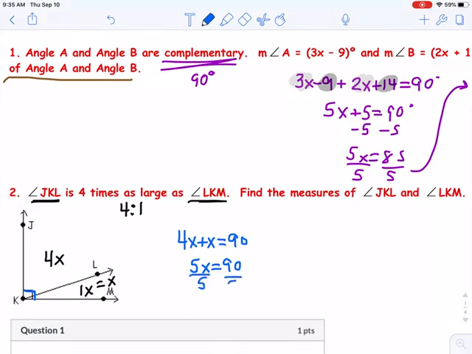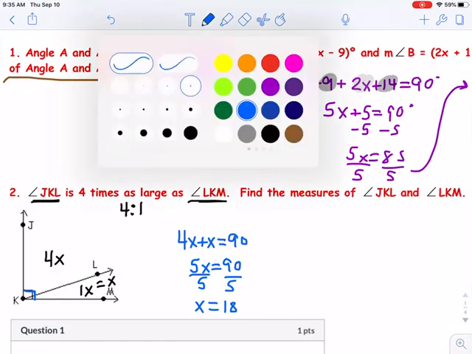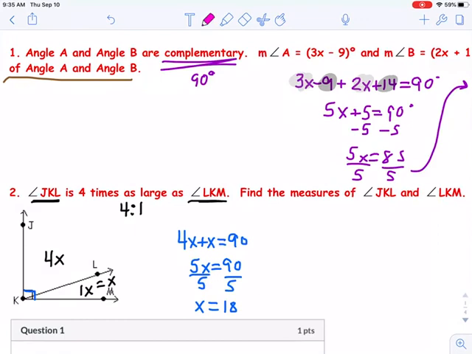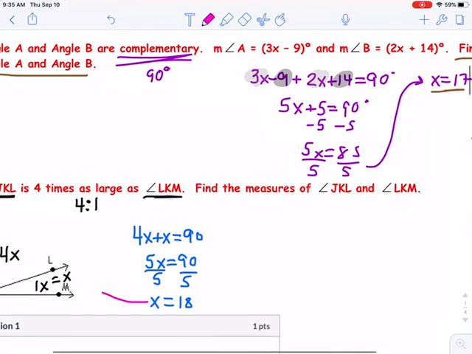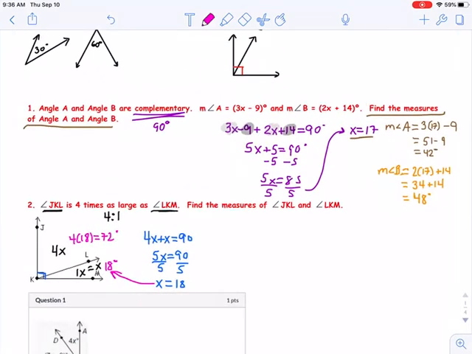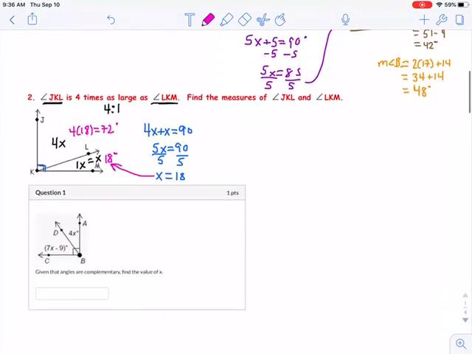Divide both sides by 5, and x equals 18. Then it's telling me to find the measures of the angles. So plug in x. That measures 18 degrees. This should be 72, but let me actually do 4 times 18 to confirm. It is. Woo! Yay! That's complementary angles.